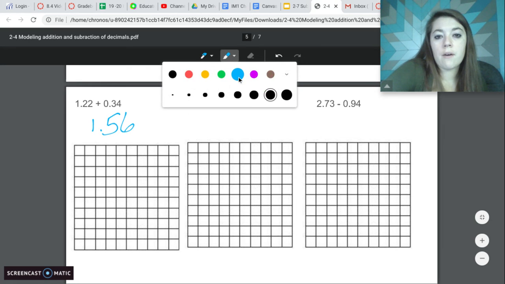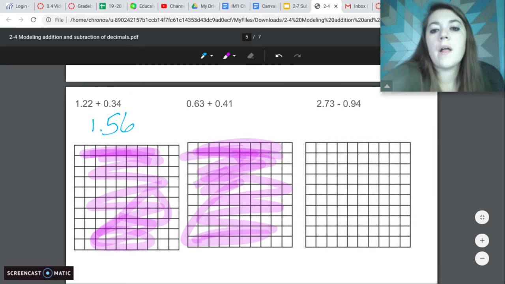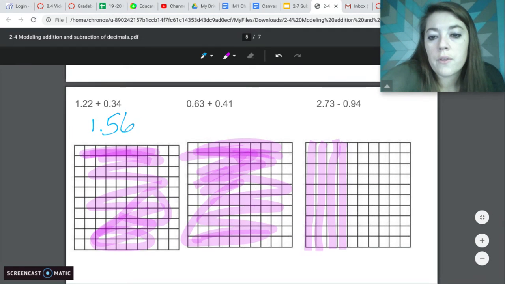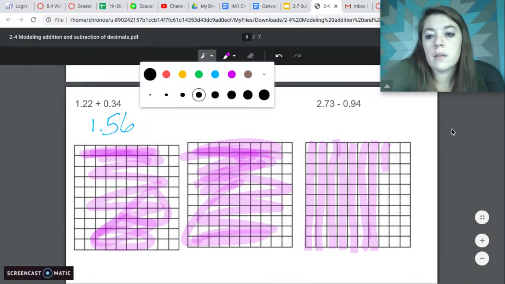So we need to have 2 and 73 hundredths filled in. So that means all of this one, all of this one, and then 73 hundredths over here. So 7 columns and then 3 little boxes. So there's our 73, and then we're going to subtract the 94 from it. So let me switch this back to black.